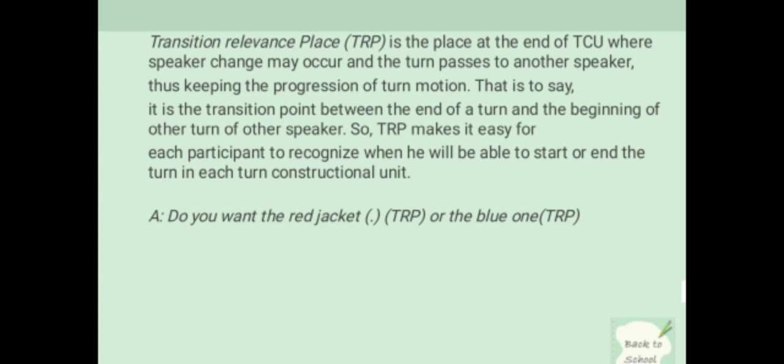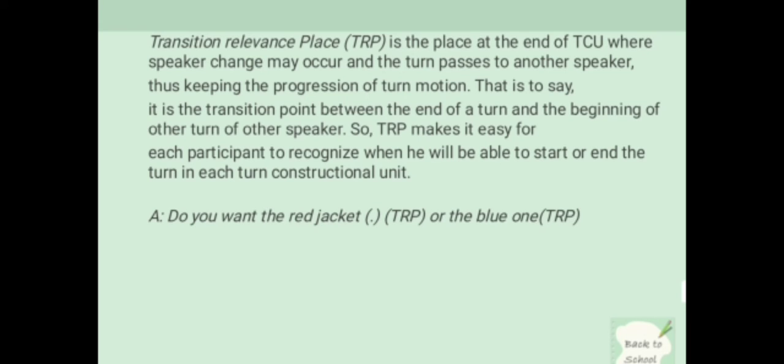Transition Relevance Place, or TRP, is the place at the end of a TCU where a speaker change may occur and the turn passes to another speaker, thus keeping the progression of turn motion. That is to say, it is the transition point between the end of a turn and the beginning of another speaker's turn.